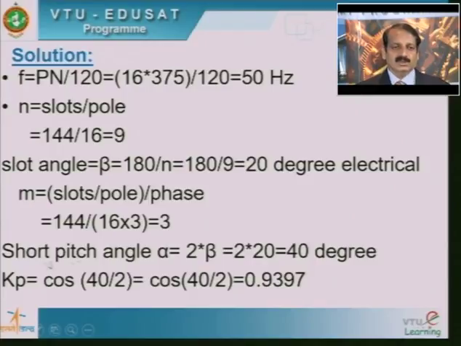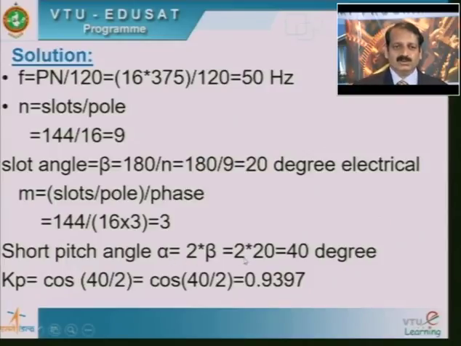Short pitch angle alpha is equal to 2 times beta, that is because coils are short chorded by 2 slots and beta is the slot angle. So, 2 times the slot angle is given as alpha.